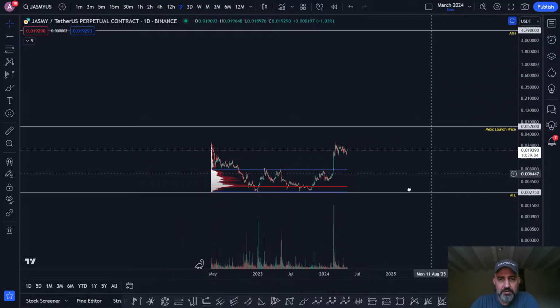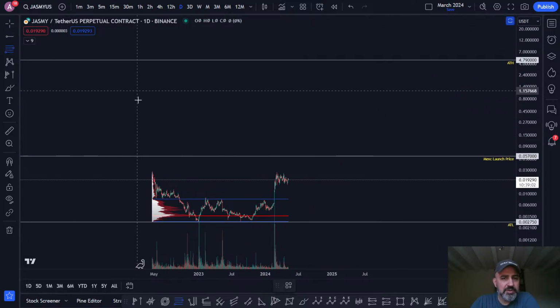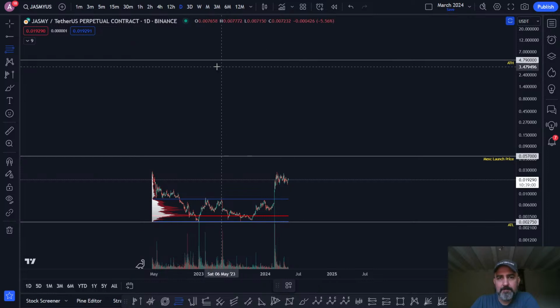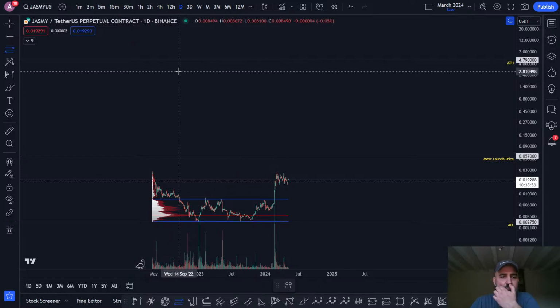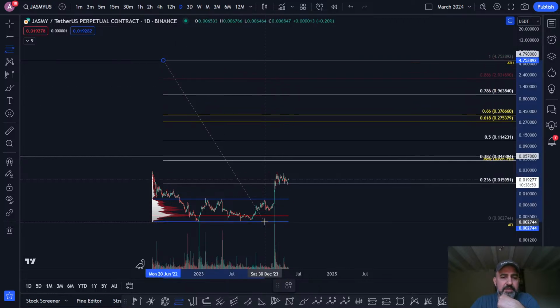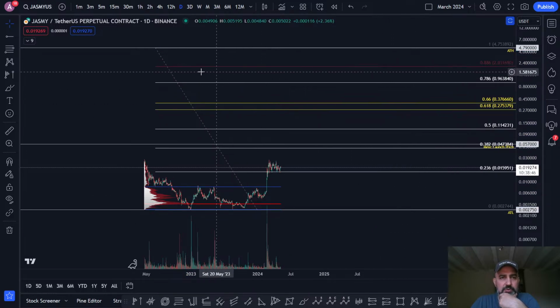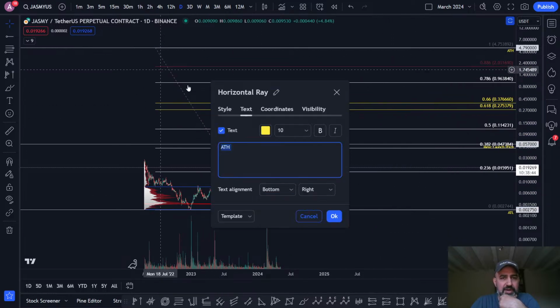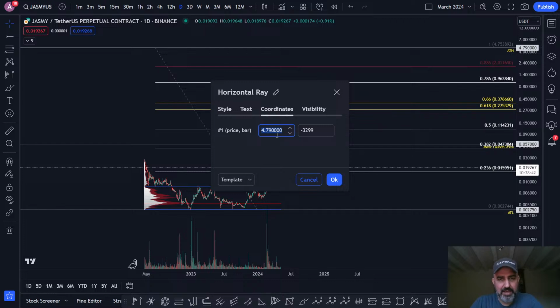And now you can just do a nice easy fib pull from the all-time high to the all-time low, all the way down. And I'm using log, and I want to make sure the values are correct. I'm a bit anal about that.